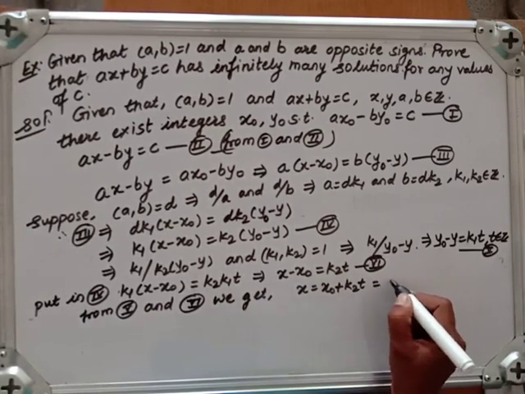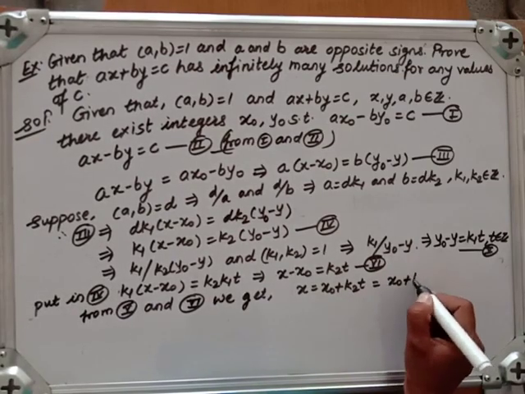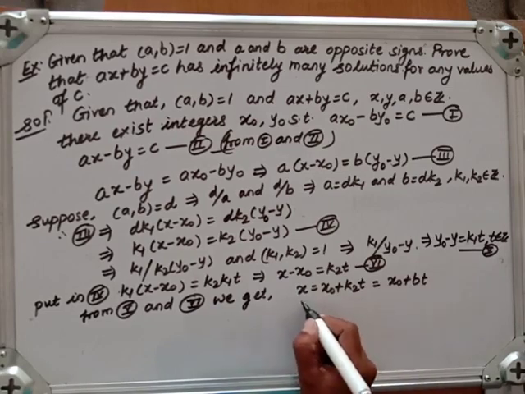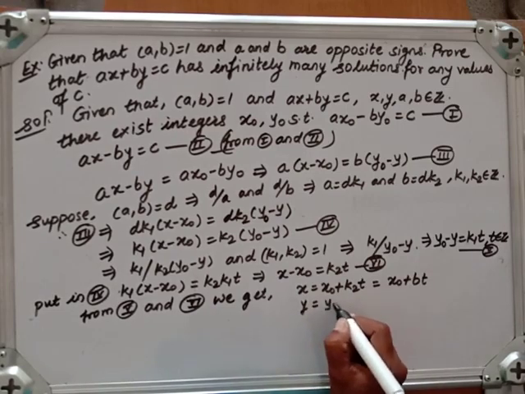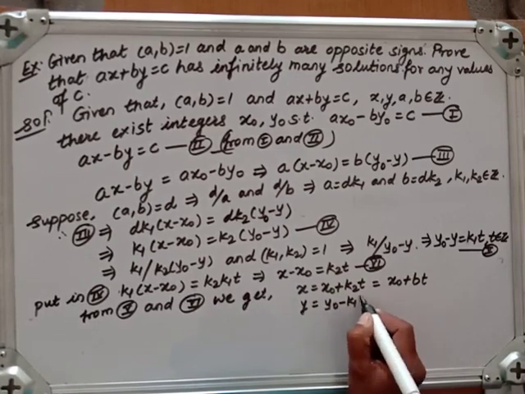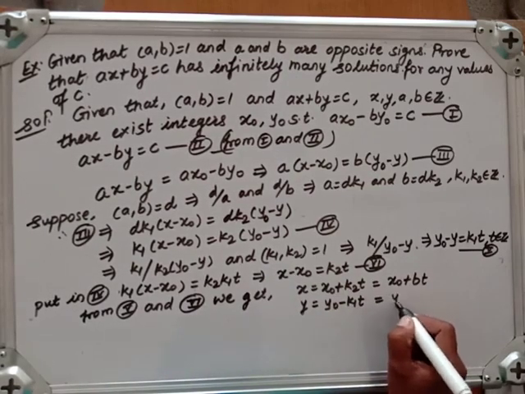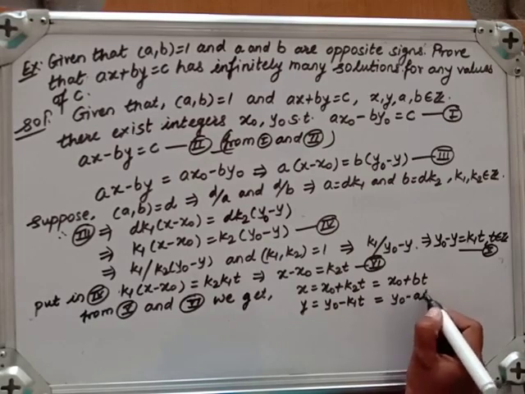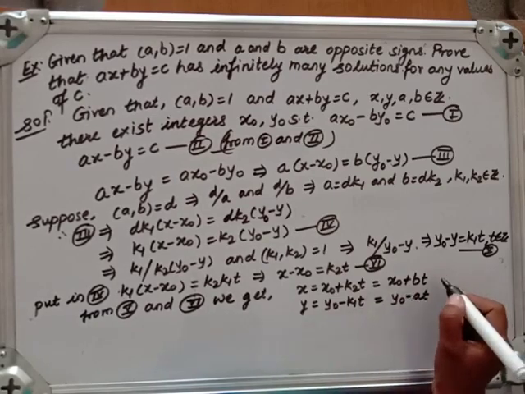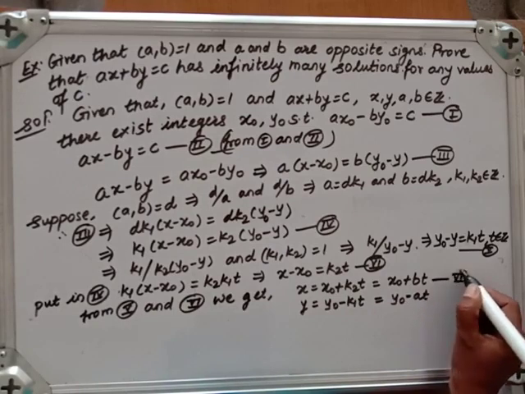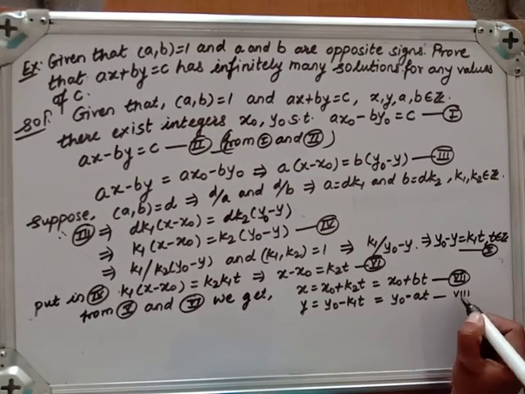That can be written as x0 plus bt, and y equal to y0 minus k1t. That can be written as y0 minus at. Call this equation number 7 and this equation number 8.